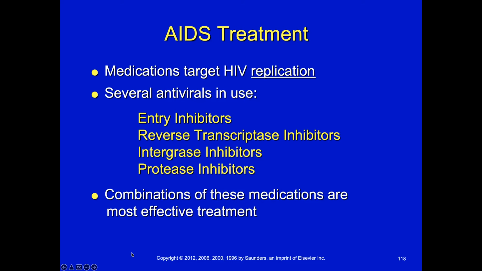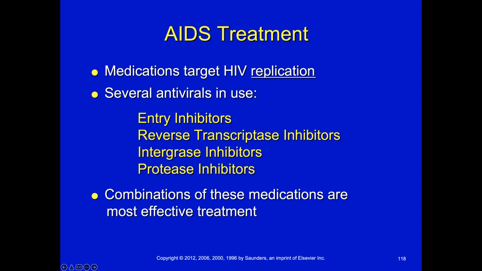So, AIDS treatment. Fortunately, the medications for AIDS are very effective at this point, and they primarily target HIV replication. There are several antivirals presently in use. We have some that inhibit the entry of the virus into the cell. There are others that prevent the actual replication, by preventing the reverse transcriptase from being effective.